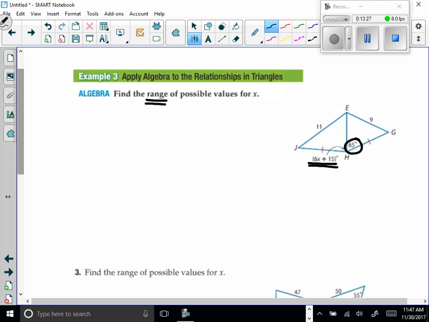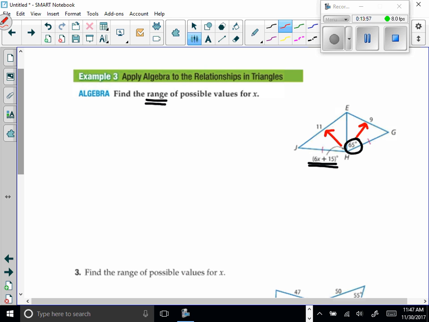This is not the same as the range of values that it takes to make a triangle. We already see that we have one. But what I'm going to do is take those angles that I see and compare them with the sides. And so angle JHE corresponds to the side that has a measure of 11, and angle EHG corresponds to the segment that has 9 as its measurement.